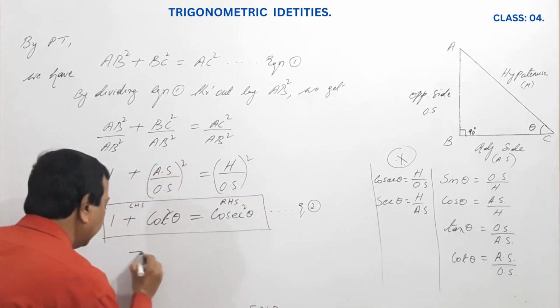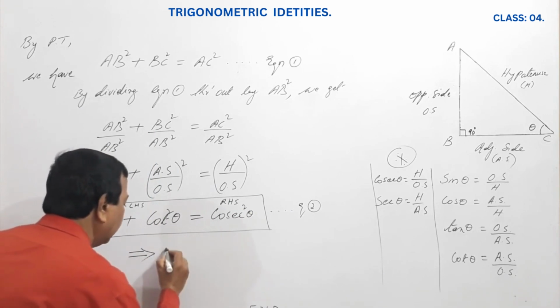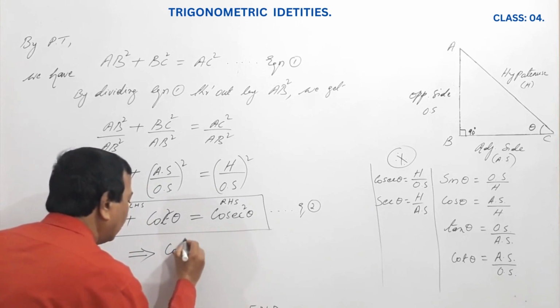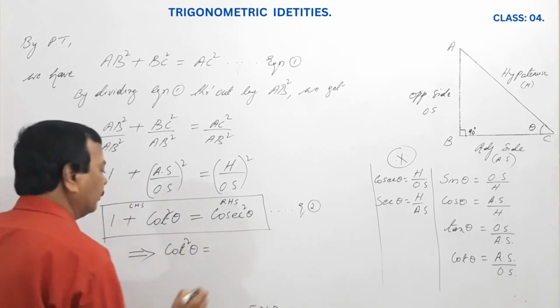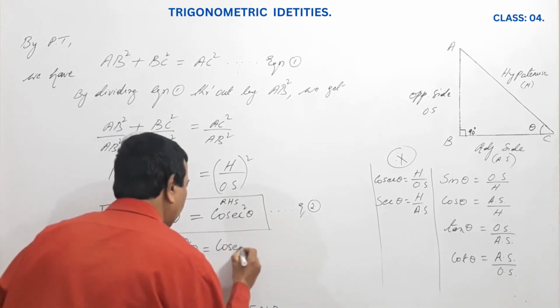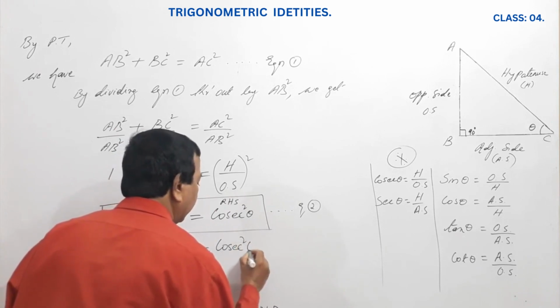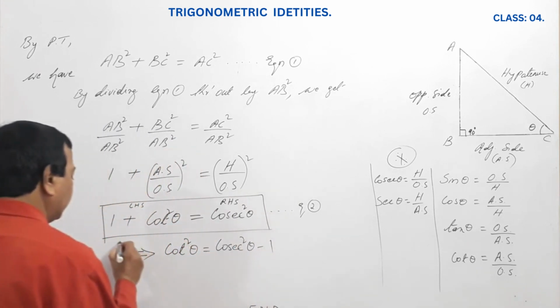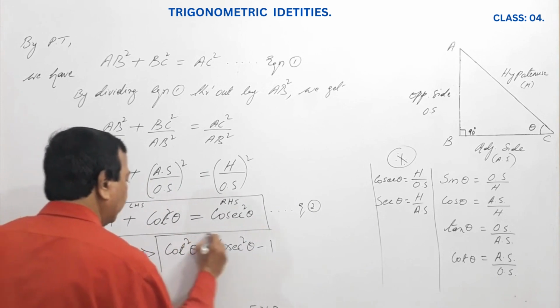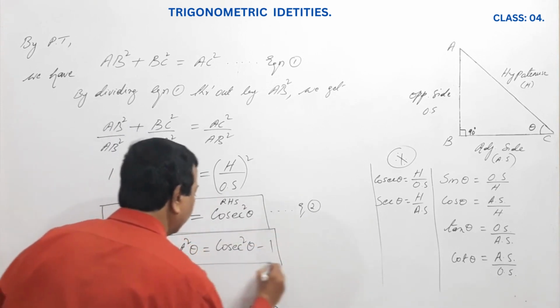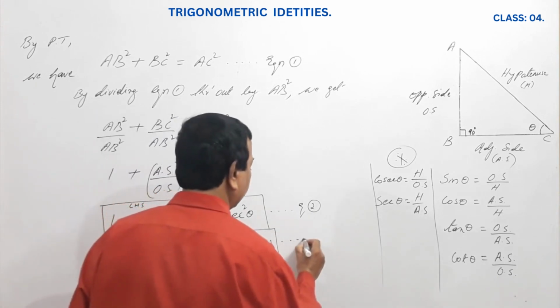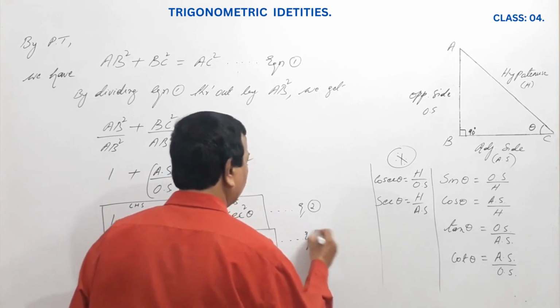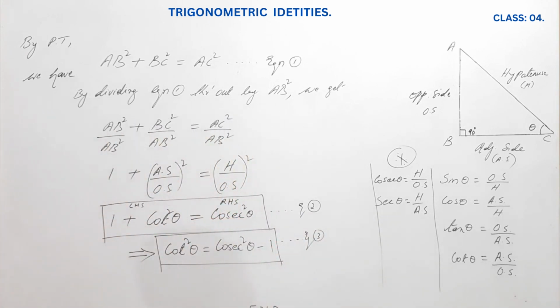That happens, that is cot square theta equals to cosecant square theta minus 1. So this is another important relation which you should know. I call this equation 3.